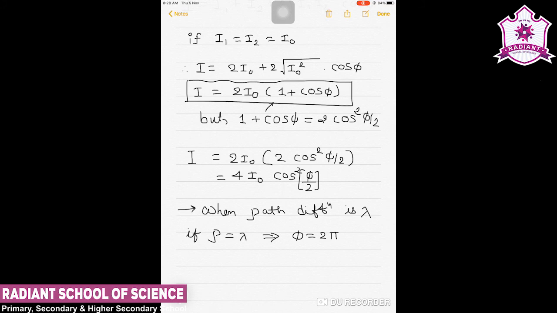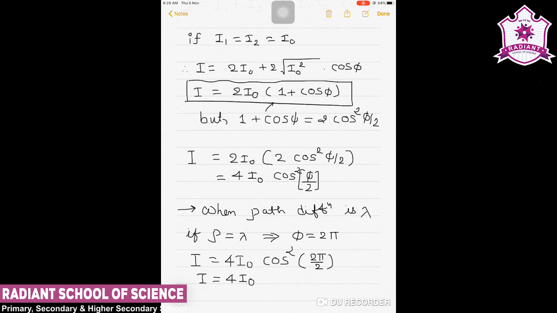So in this case, I is equal to 4I0 cos square 2 pi by 2, that is cos square pi, that is 1, and that means it will be only 4I0.